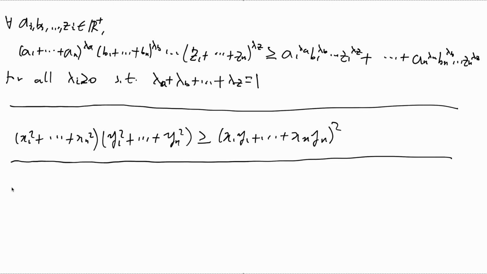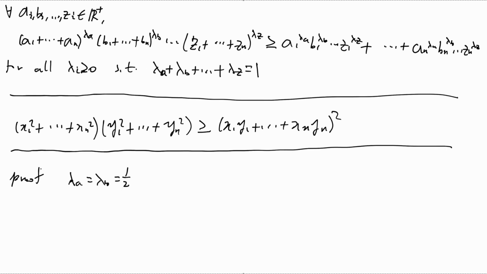So let's say that lambda sub a equals lambda sub b equals 1 over 2. That means the other ones will just be zeros, so we can ignore them. Anything to the power of 0 except for 0 is equal to 1. But for convention, let's say that 0 to the power of 0 is, oh wait, no, actually this is positive, so we don't have to consider that case.